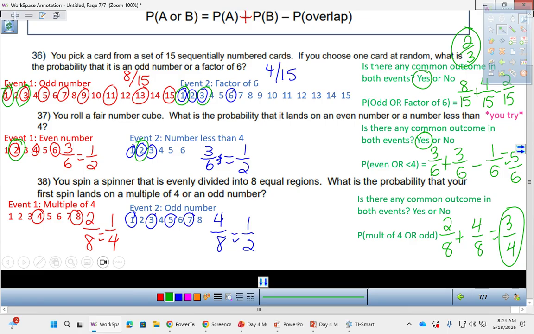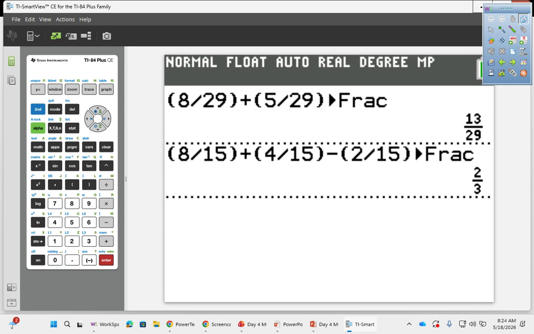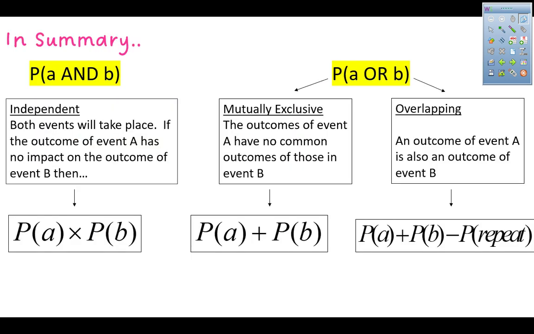Alright, so just a quick summary before I send you off. Here's what we've got. You're gonna have a problem that says find the probability of A and B. In this case, A and B means, let's say I'm gonna roll a 5 and I wanna roll a 6 too. I want both things to happen. A and B is when both events are gonna take place.